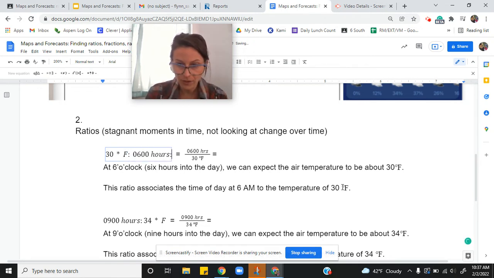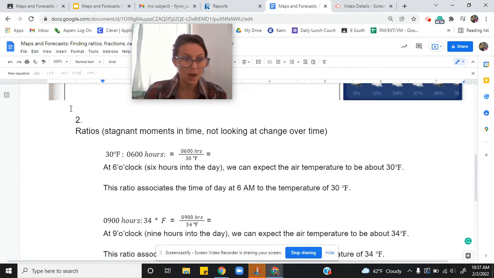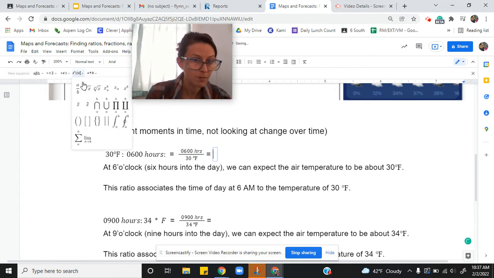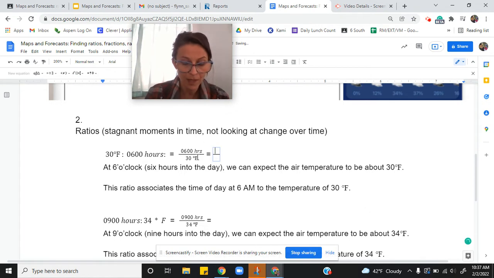And we have the degrees Fahrenheit symbol now. I can get rid of this messy stuff. There we go. And I need to flip these. So I will make a new fraction and put 30 degrees Fahrenheit in the numerator.